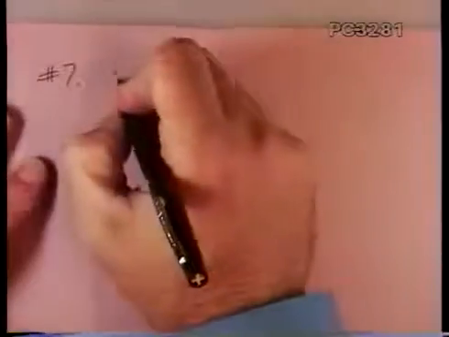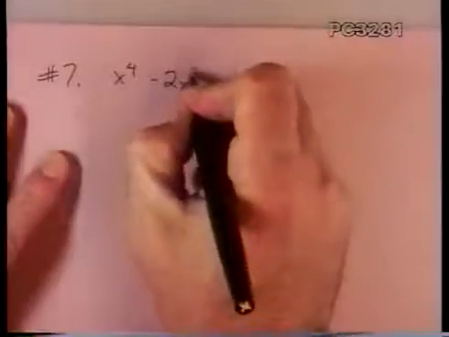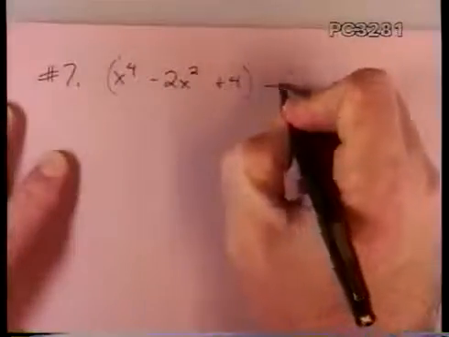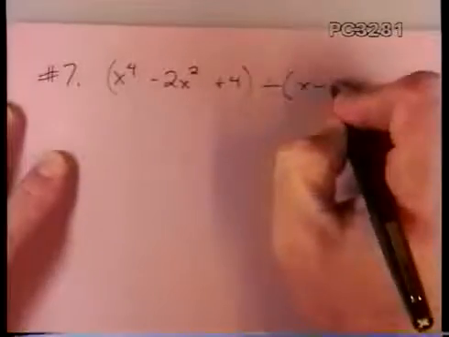So let's look at number 7. x to the 4th minus 2x squared plus 4 divided by x minus 1.